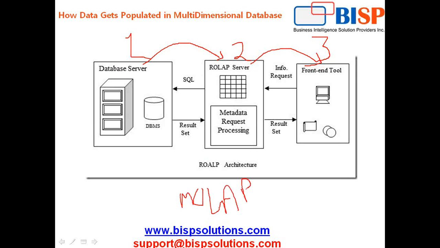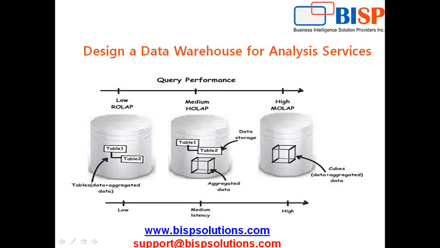The performance of ROLAP greatly depends upon the underlying data source. So maybe my ROLAP sits on top of SQL Server. Therefore, if my SQL Server is not fast enough, my ROLAP will not perform. It's just a layer or a presentation of your relational database. So the major problem with ROLAP is slower query performance and slower aggregation, because eventually the query is processed via SQL.